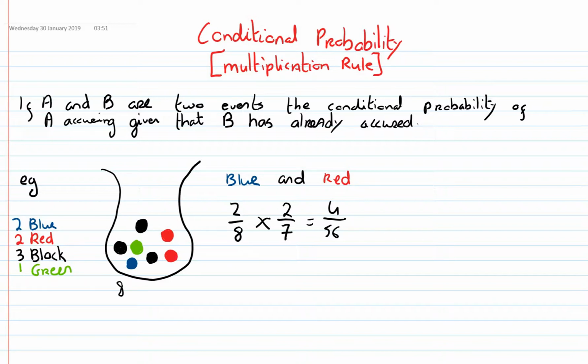Okay, so you see the way we have to allow for the change in, I suppose, variable really. We have to allow for, after my first pick, I didn't put it back in, so therefore the probability changes. It's not 2 out of 8 anymore, it's 2 out of 7. Okay, so there's conditional probability in a simple enough way, and a lot of this is common sense.